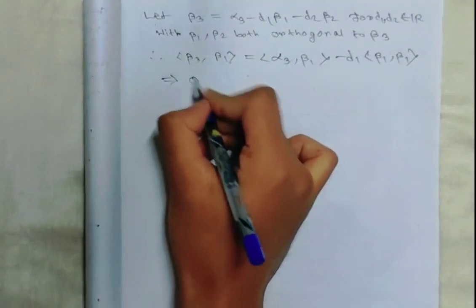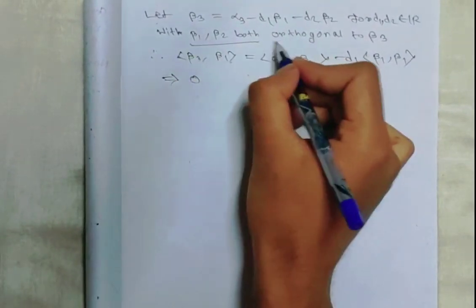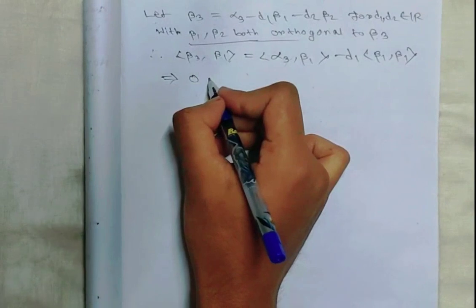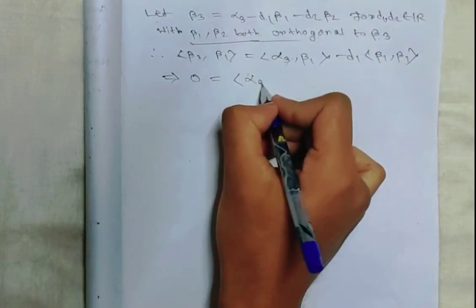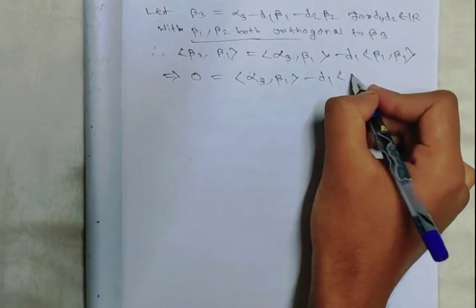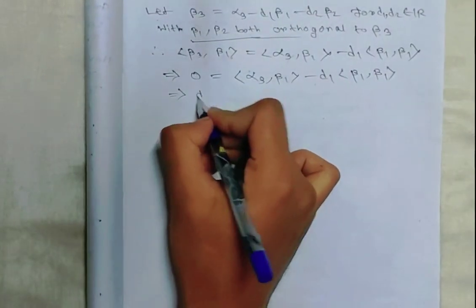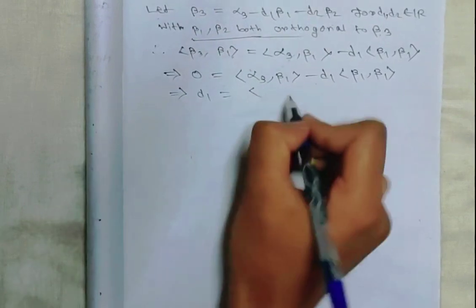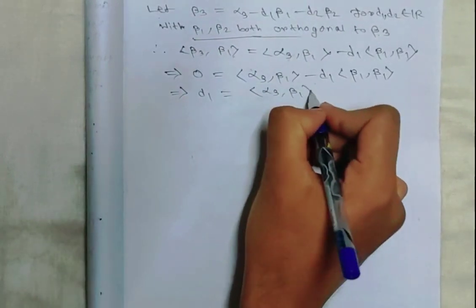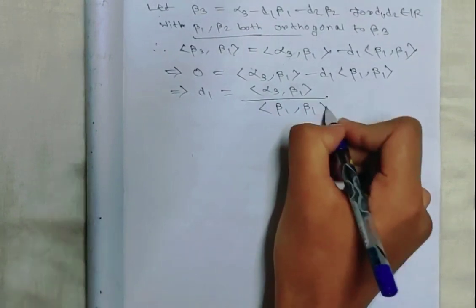That implies the inner product of beta 3 beta 1 is 0, because beta 1 is orthogonal to beta 3, equals the inner product of alpha 3 beta 1 minus d1 times the inner product of beta 1 beta 1. That implies d1 equals the inner product of alpha 3 beta 1 divided by the inner product of beta 1 beta 1.